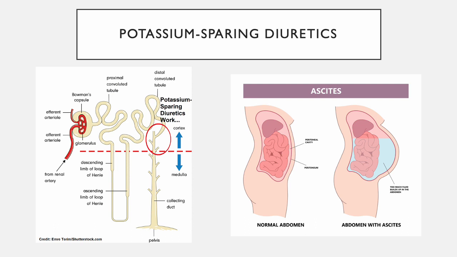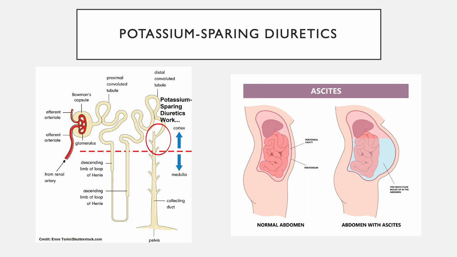Our next category of drug are potassium-sparing diuretics. Those are going to work in the collecting ducts and distal convoluted tubules to interfere with sodium and potassium exchange. These are not going to be as potent as our loop or thiazides, but we utilize them as an adjunct. We can combine them with our other diuretics to create a synergistic effect and also even counteract our metabolic effects.